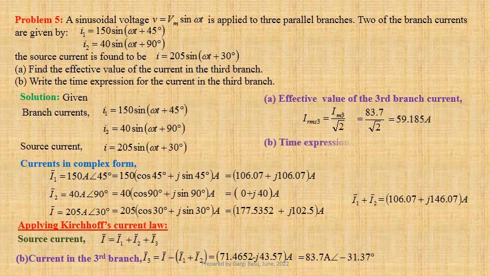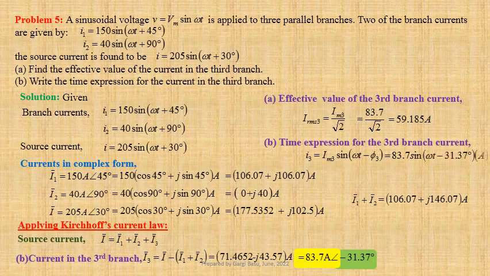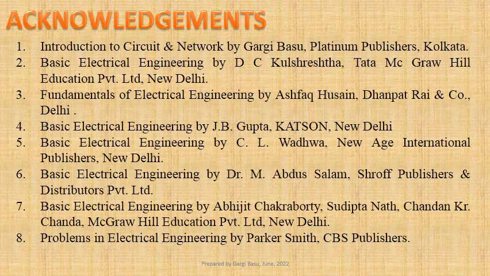Time expression for the third branch current: I3 equals Im3 sin of omega t minus phi3, that is equal to 83.7 times sin of omega t minus 31.37 degree ampere.